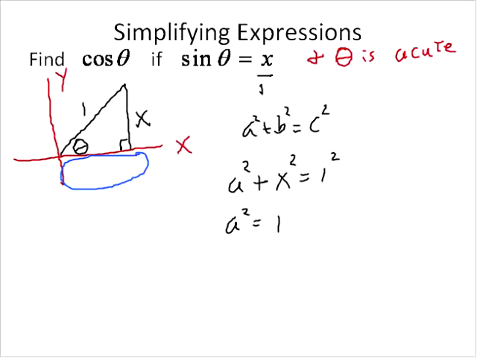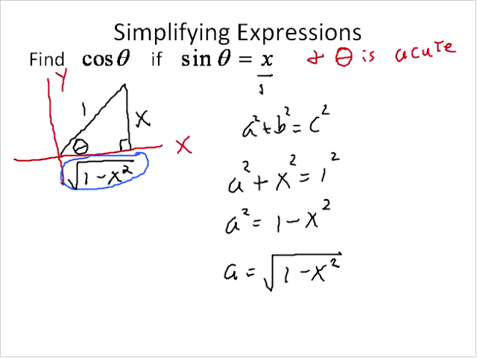So a squared equals 1 squared, which is 1, minus x squared, or a is equal to the square root of 1 minus x squared. Right, so that's what goes right here. That's that missing side, the square root of 1 minus x squared.